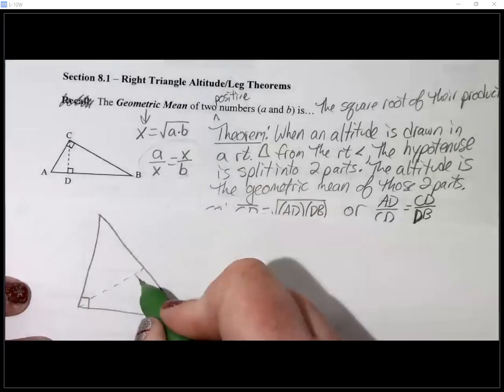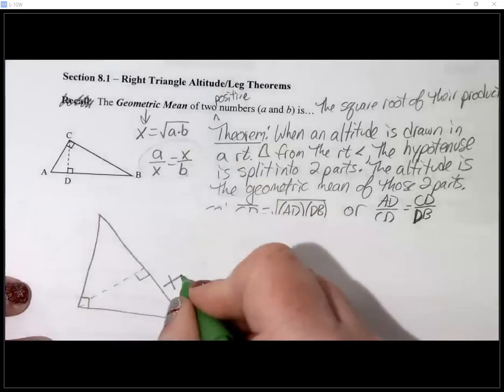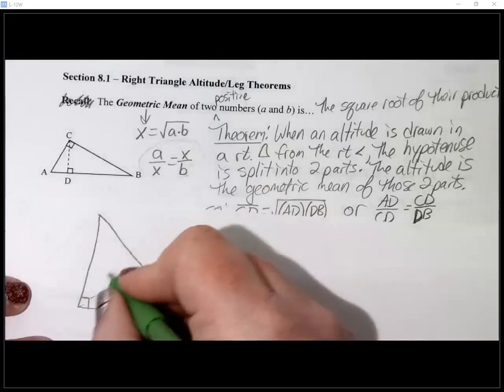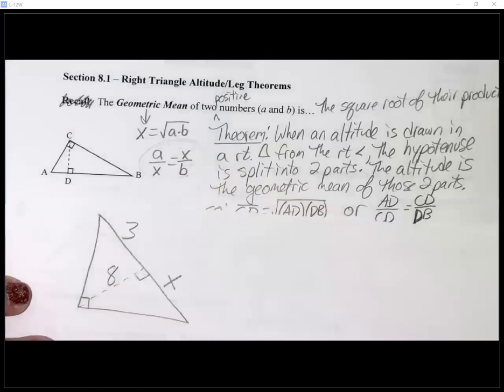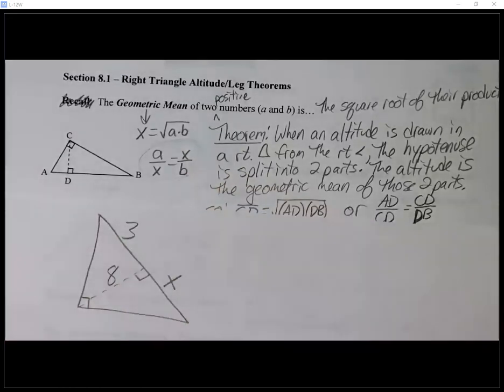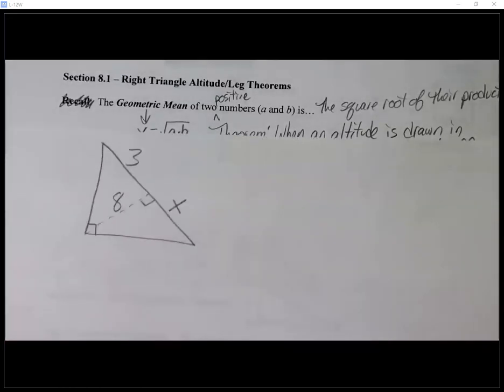What if that were X, this were 8, and this were, I don't know, 3? Can you solve for X here? Nothing is drawn to scale, obviously.